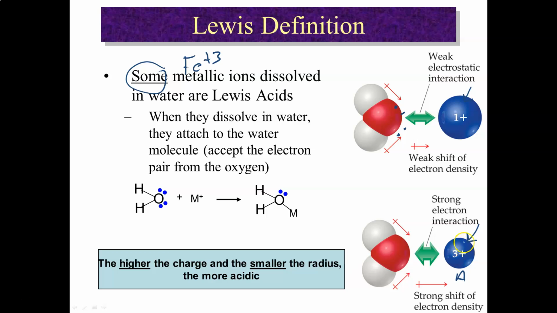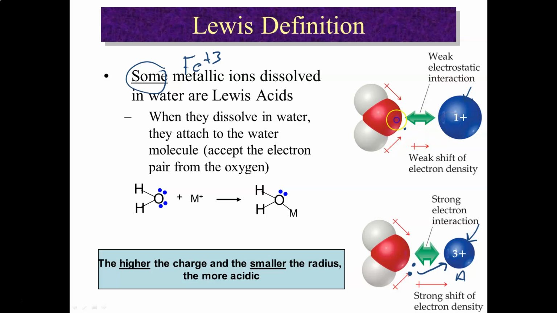So the higher the charge on your positive ion, like here's our plus 3 charge, and the smaller it is, the more acidic it is going to be, because it can attract the lone pair on that oxygen really well, being a high positive charge and a small size. If you use something that's larger in size with a smaller charge, the attraction between the lone pair on the water and that ion is pretty weak, so it's not going to attract that lone pair very well.